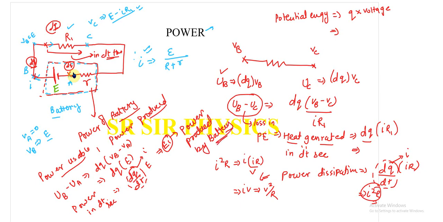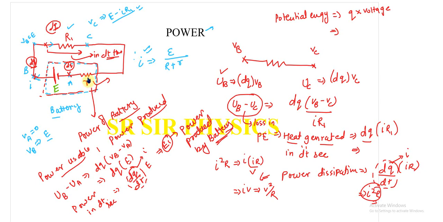But there is a resistance also within the battery. This resistance is not part of the main circuit; this resistance is part of the battery. So whenever we switch on this battery, our part is this capital R, but this small r is already inbuilt inside the battery and it will automatically take its toll.